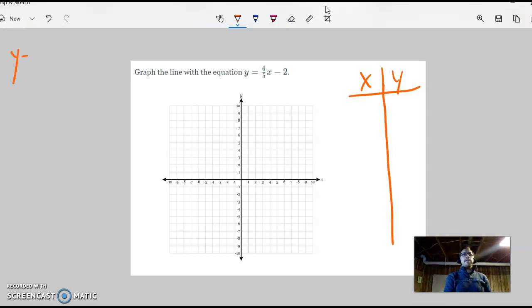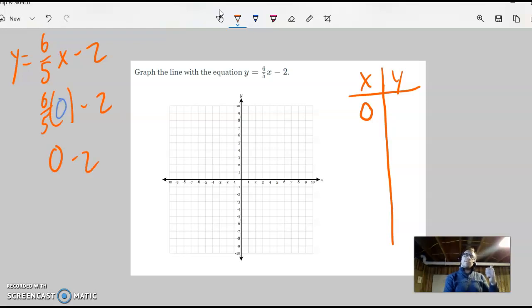So if y equals 6/5 x minus 2, I almost always start with x equals 0. One, it's going to give me my y-intercept, and two, multiplying by 0 is super easy, because 6/5 times 0 is what? Hopefully you said 0. And you're right. So 0 minus 2, that gives me -2. So when x is 0, I have -2.